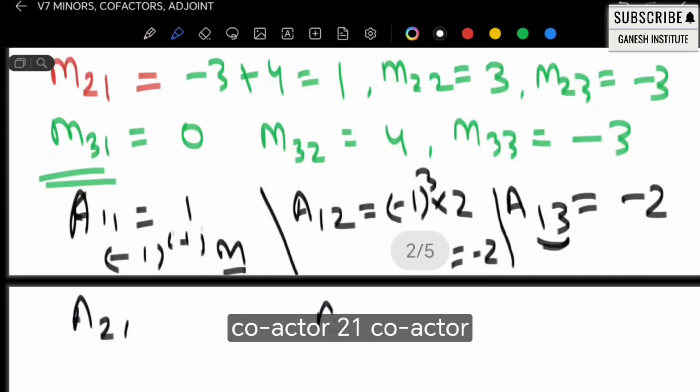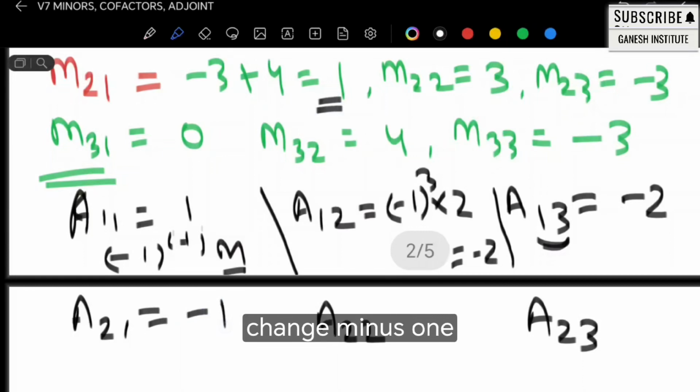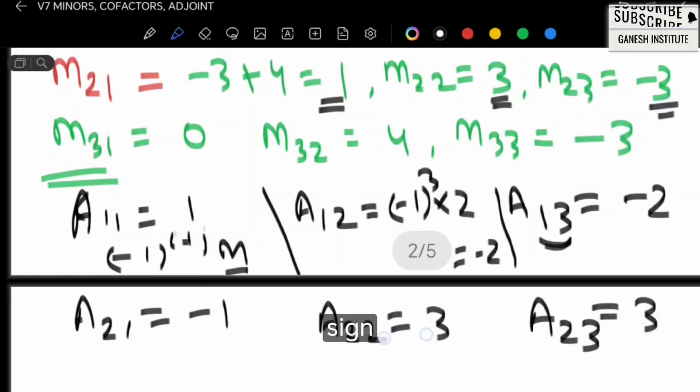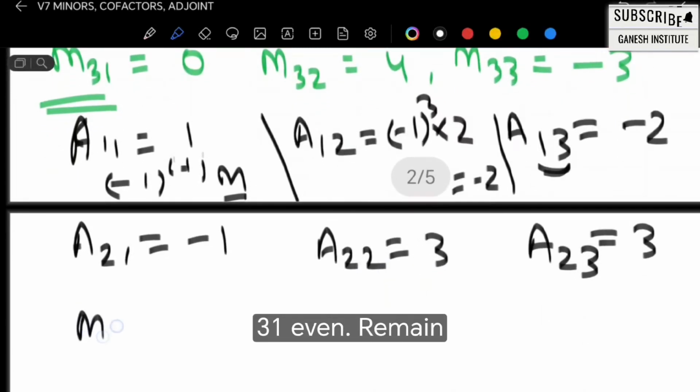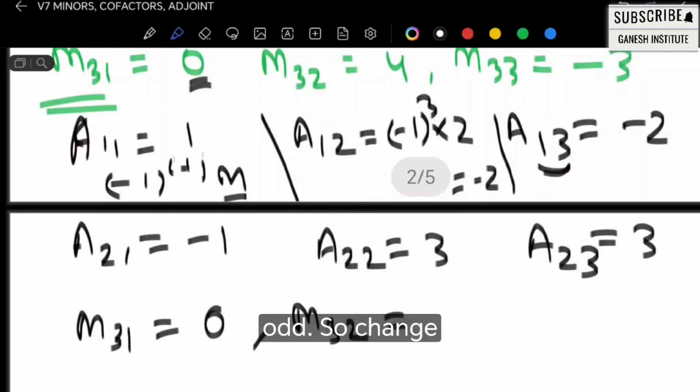Then you have cofactor 2-1, cofactor 2-2, cofactor 2-3. Tell me, 2-1, sum is odd, 2 plus 1. So the sign changes, -1. 2-2 is even, sign remains the same. 2-3 is odd, change the sign. 3-1 even, remains the same. 3-2 odd, so change the sign.